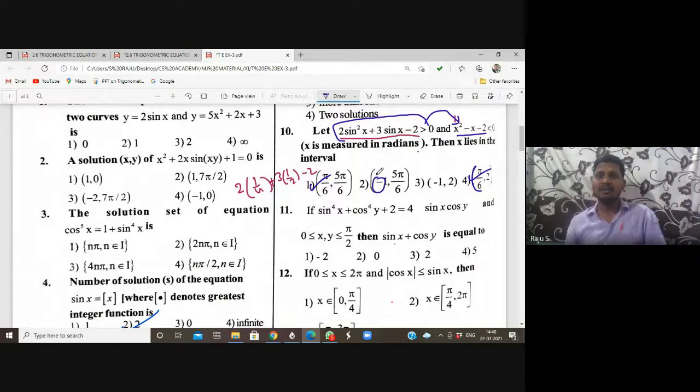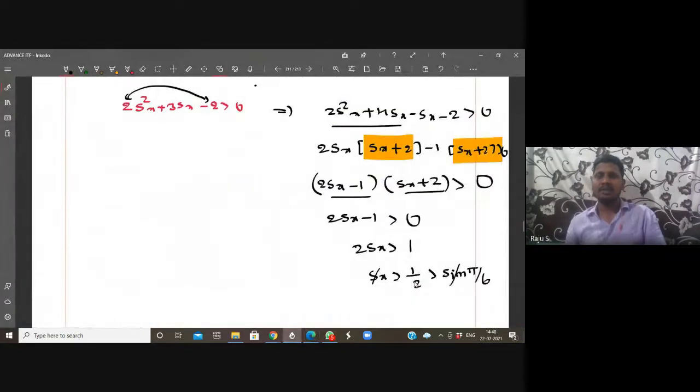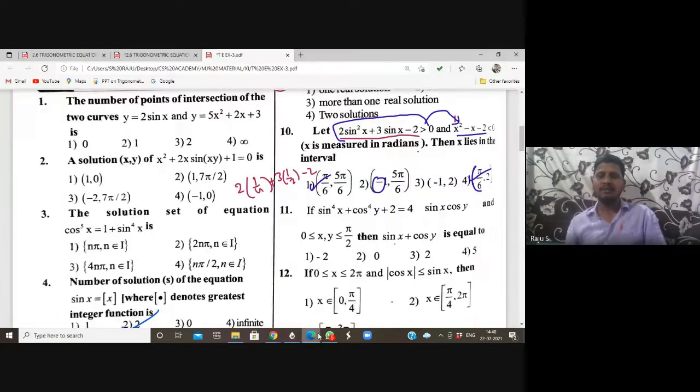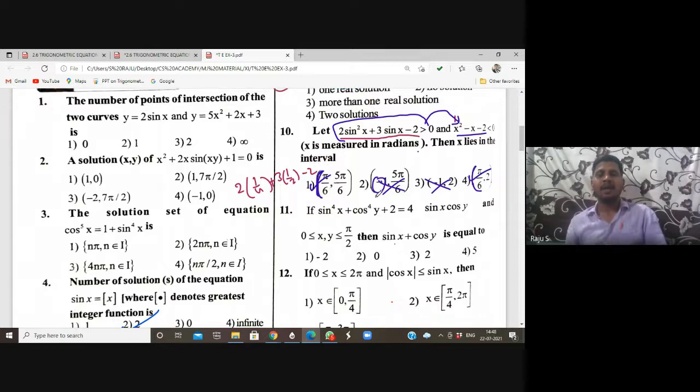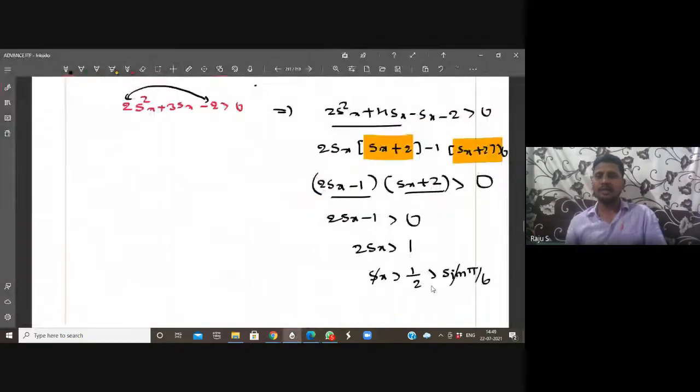It should not be negative here. See, the minimum value we got is 1 by 2 for sin x. 1 by 2 is more than -1. It will be wrong.